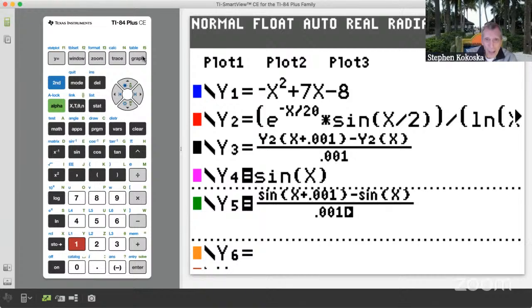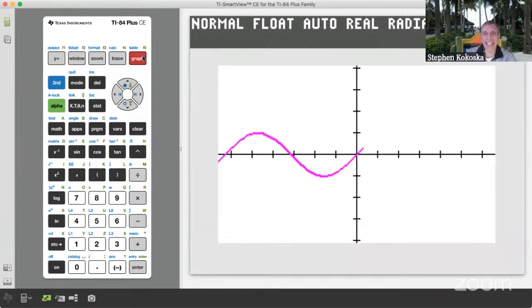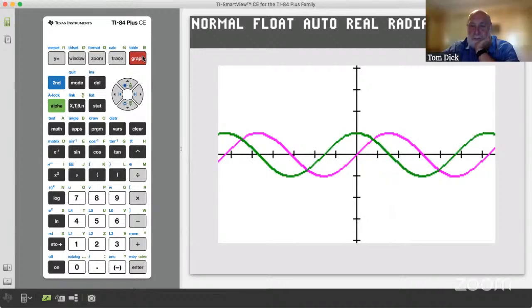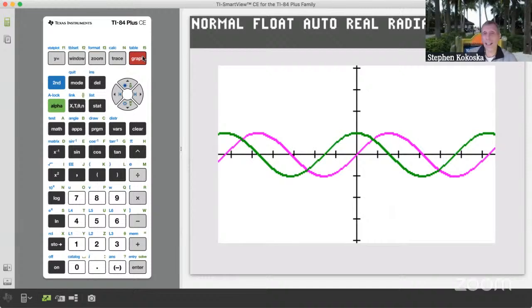The pink graph will be the graph of sine. There it is. And here comes an approximation to its derivative. And that's really cool, because you can look at that and say, wow, that really looks like the cosine of x. That's a great way to discover what this derivative is.